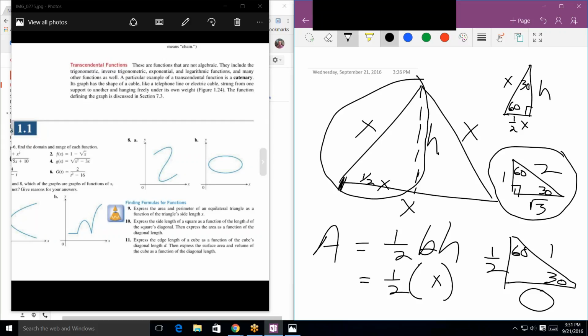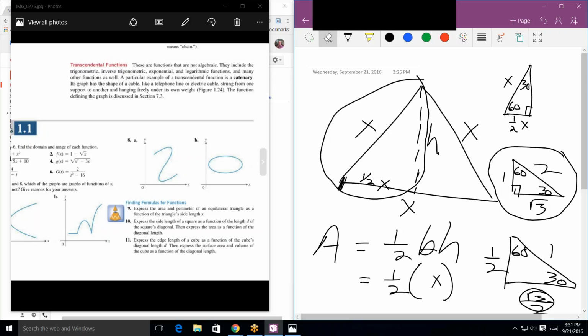Each side on the smaller triangle is what percentage of my unit triangle? I believe it's half. Yes, which means instead of square root of 3, it's half of square root of 3. So that's what that dimension is, square root of 3 over 2.